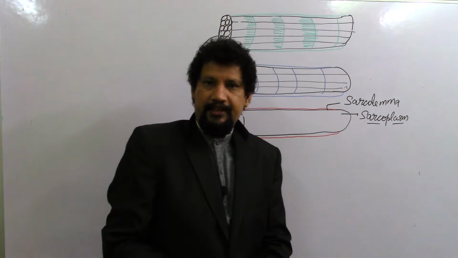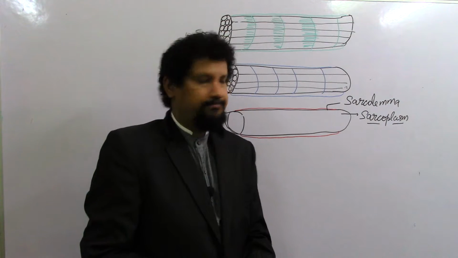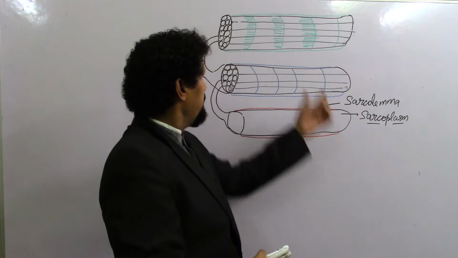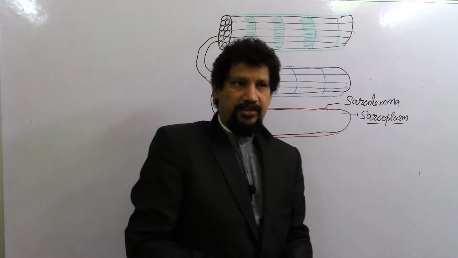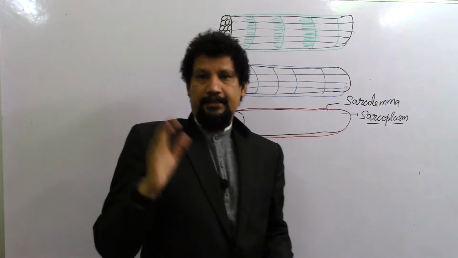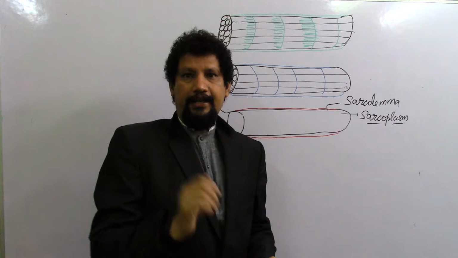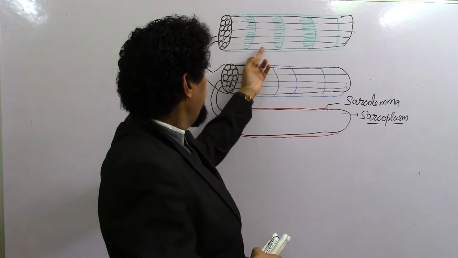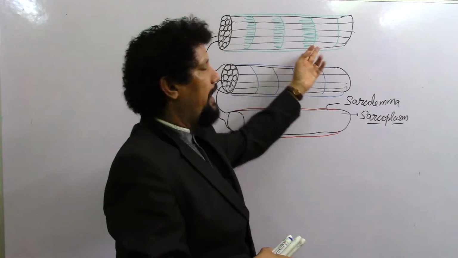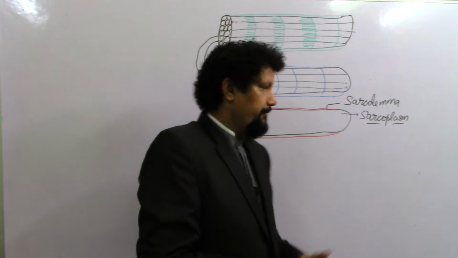Why is the muscle having cross striations? Why this muscle or this fasciculus is having cross striations, or I can say the dark and light areas, alternate dark and light, dark and light areas.